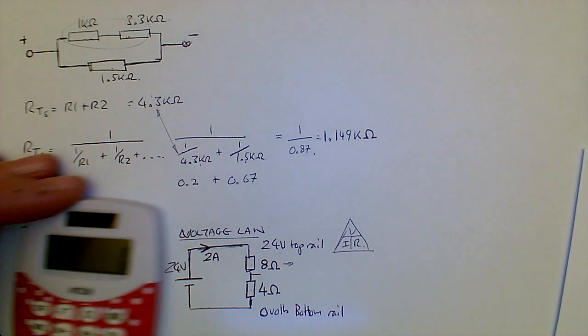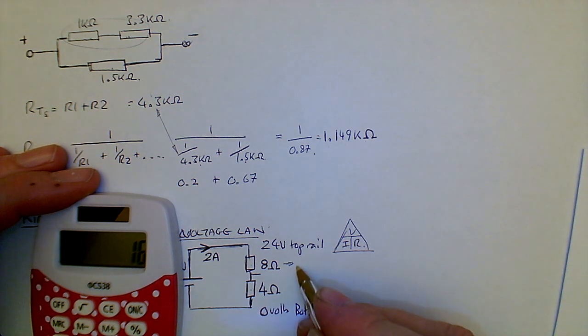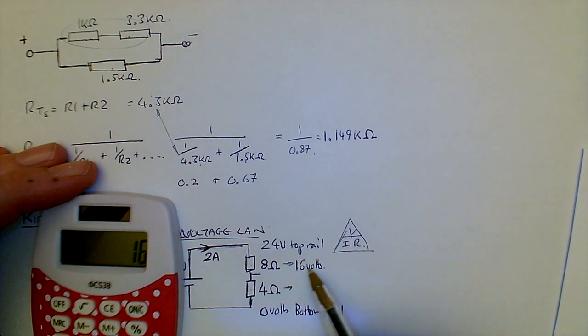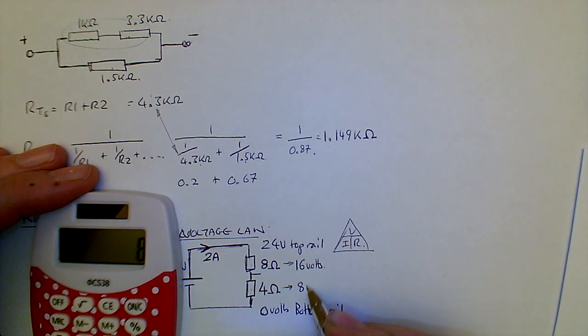We know the current's 2 amps times a resistance of 8 ohms. So we've got 16 volts here. Now if we've got 16 volts from 24, then this should be 8. Well, let's just check that calculation. So we've got 2 amps I times the resistance of 4 equals 8 volts. So we've got 8 volts here.